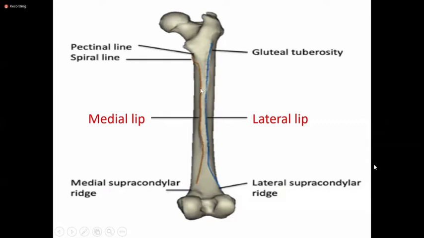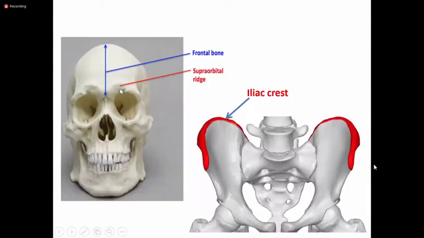These are called lips. The line is extended more in length. It limits the bony ridge, such as the medial lip and the lateral lip of the linea aspera. Then, if the elevation is more pronounced, more thick, it is called a ridge.